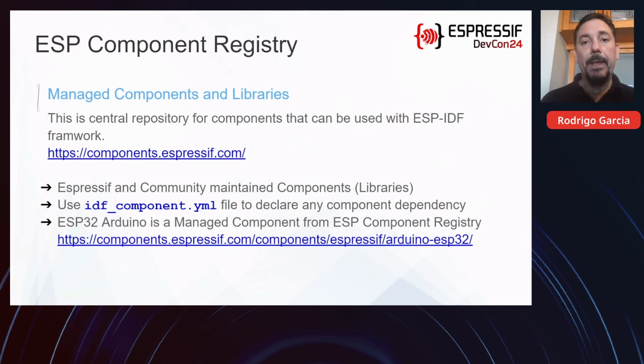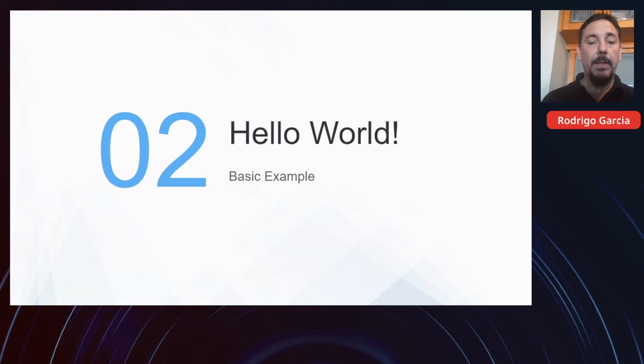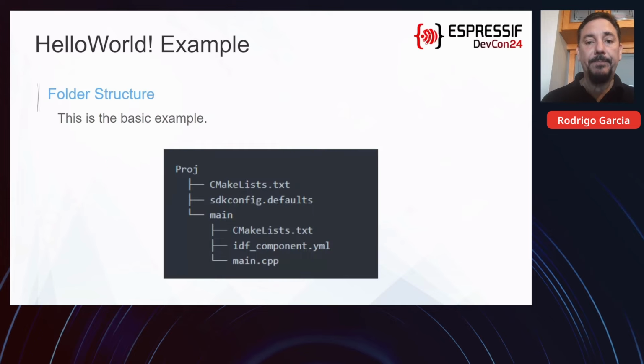In particular, the Arduino framework is one component in the registry, so in our examples today, we will use that. You can also clone your own Arduino in the components folder of your project. In that case, you would not use the managed component from the registry.